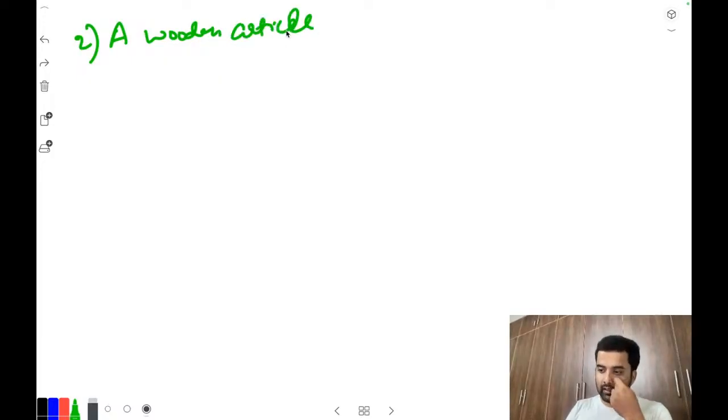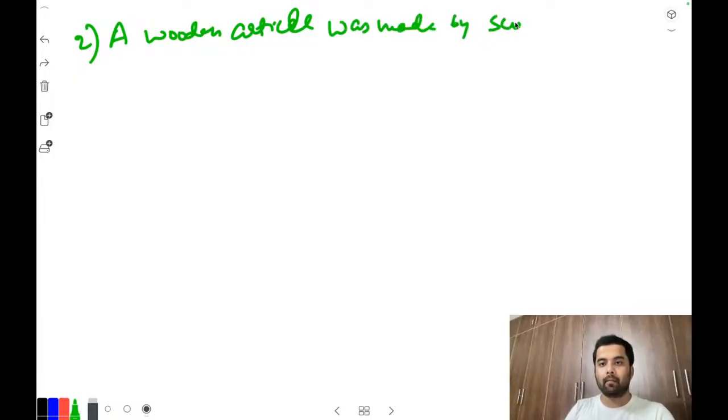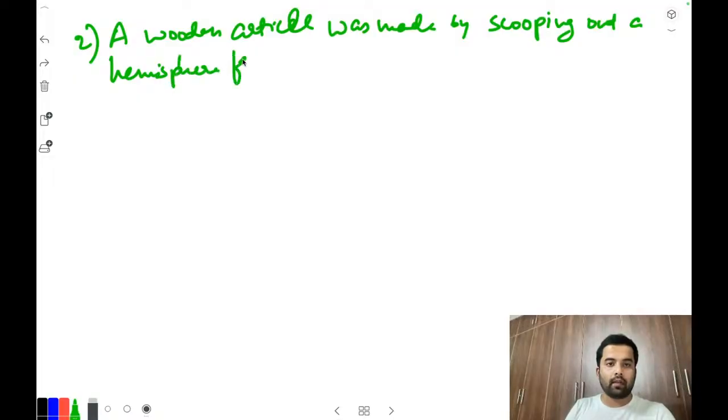A wooden article was made by scooping out a hemisphere from each end of a solid cylinder.